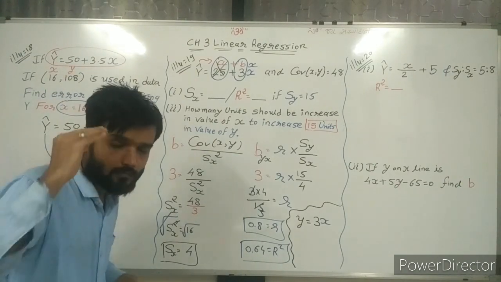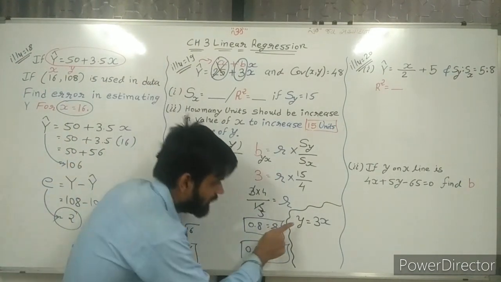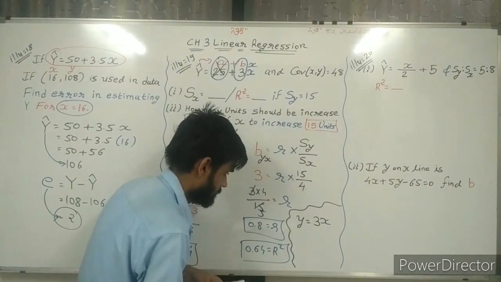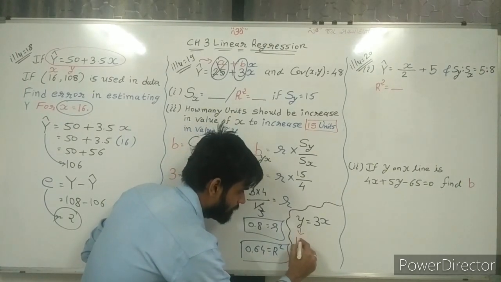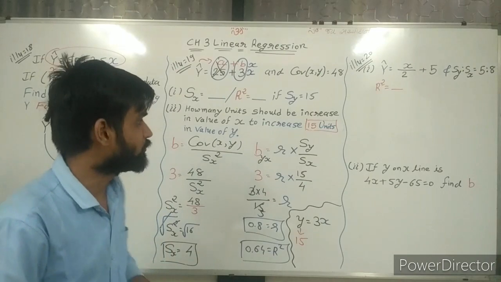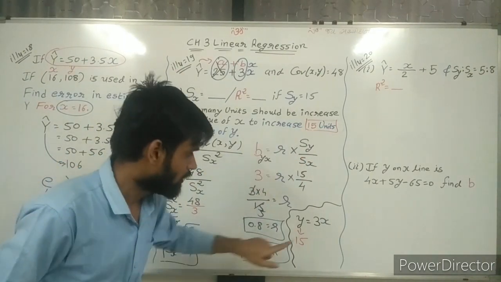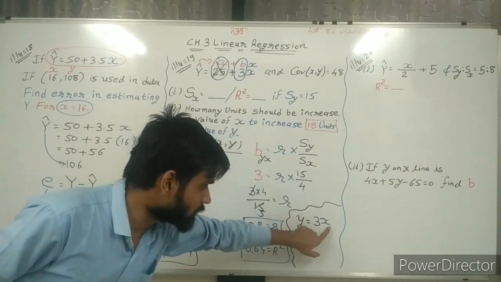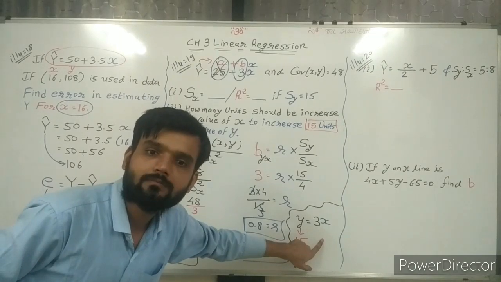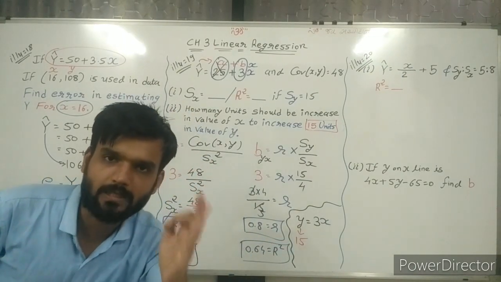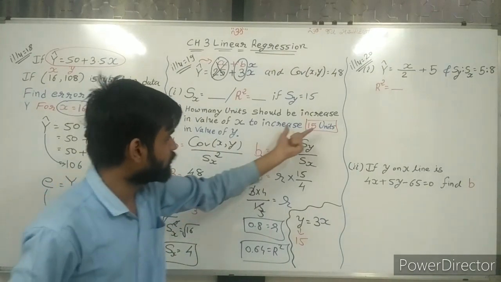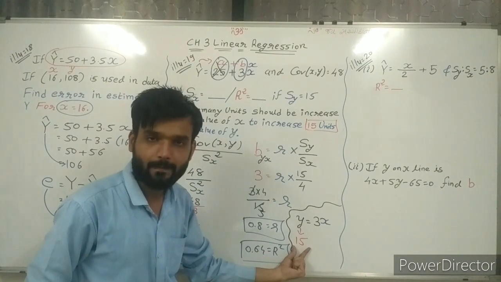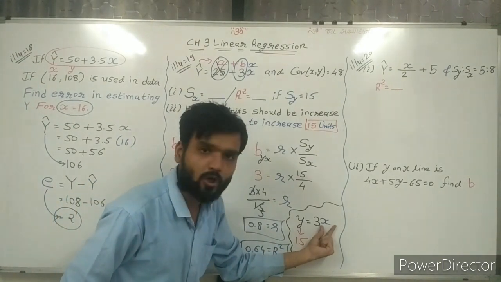So, try to understand. In Y, we need to increase 15 units. So for X, what should I write so that its multiplication becomes 15? Again, try to understand please. I need to increase the value of Y by 15. Then what should be the value of X?